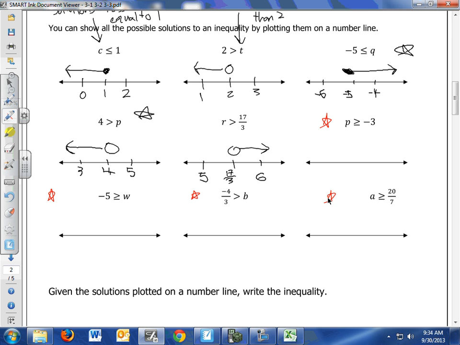Careful with this one. Read it from right to left. Check your answers with a neighbor when you're done.